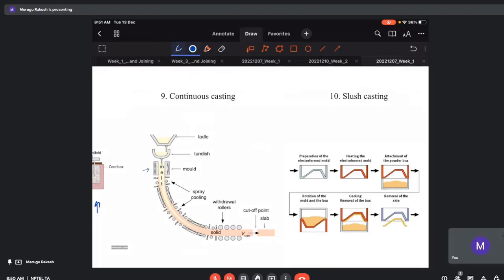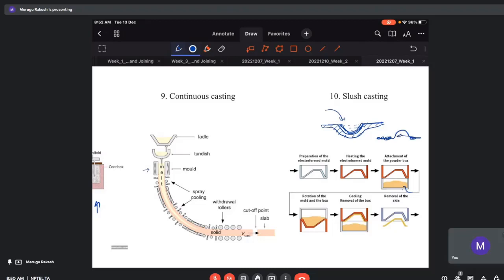Okay, so you can assume, suppose I want to cast, so this is my mold. Then what I do, I'll pour the liquid metal. So when it starts solidifying and forming some thickness, at that time I will invert this complete thing.